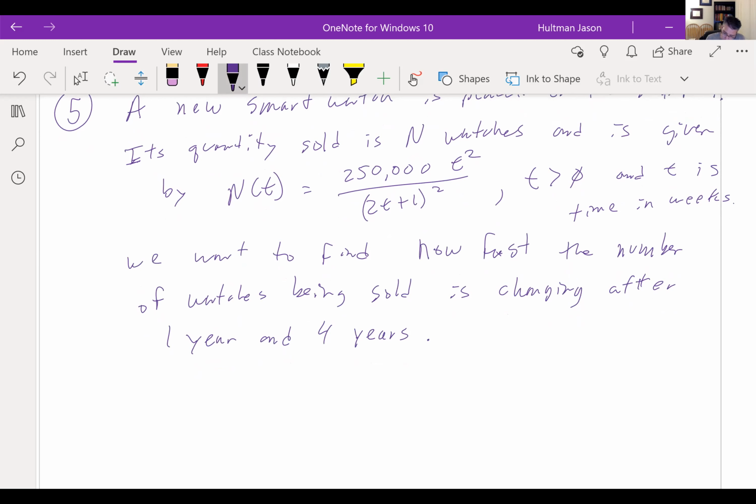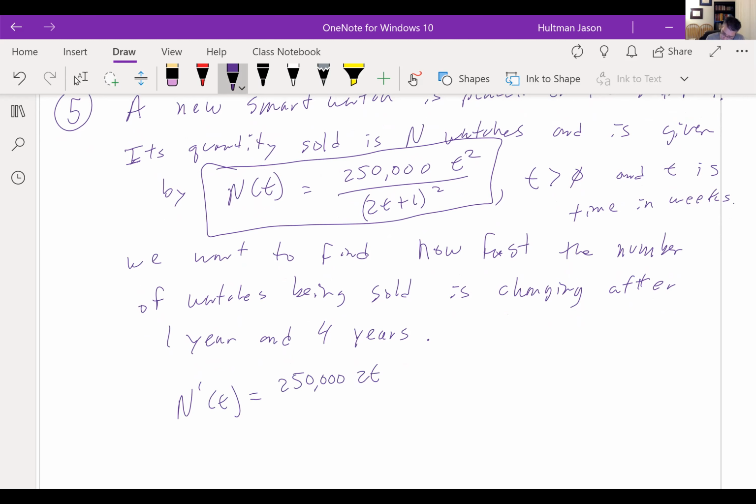So quotient rule, right? We're going to work with this thing here. And so we're going to want to use the quotient rule. So N prime of t is equal to the derivative of the top. That's 250,000 times 2t. That's the derivative of the top, times the bottom, (2t plus 1) squared, minus the derivative of the bottom. Now the derivative of the bottom is a chain rule.